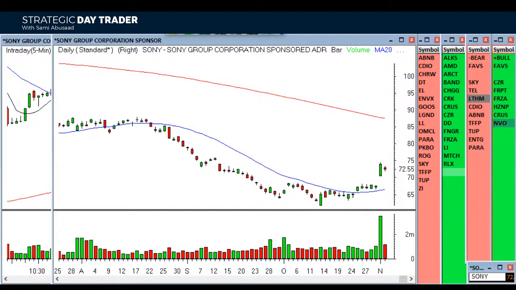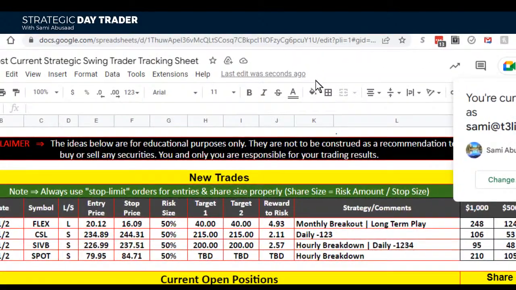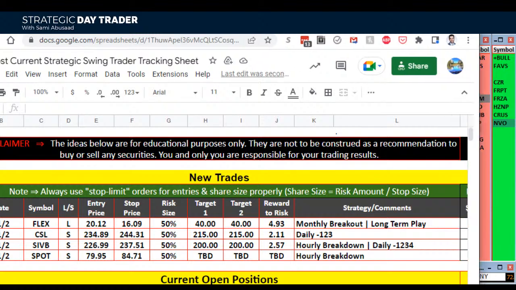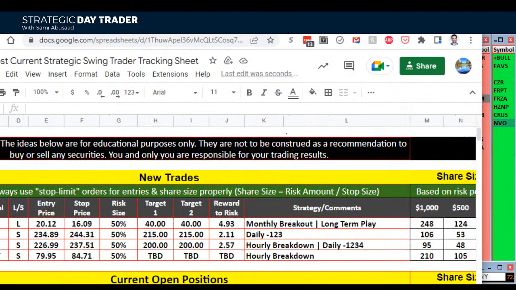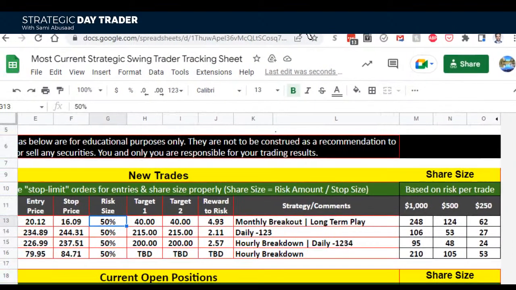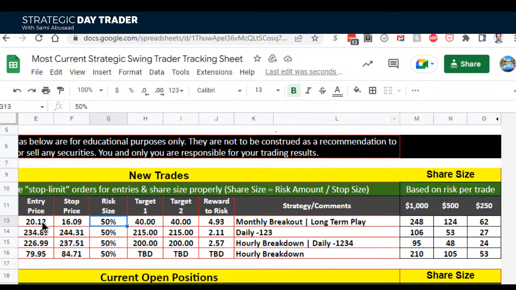The question is, if you look at this newsletter and you look at the share size columns, under $1,000 risk, let's just say, it doesn't matter what column you pick, but let's pick the $1,000 risk, and you look at the stock entry price.